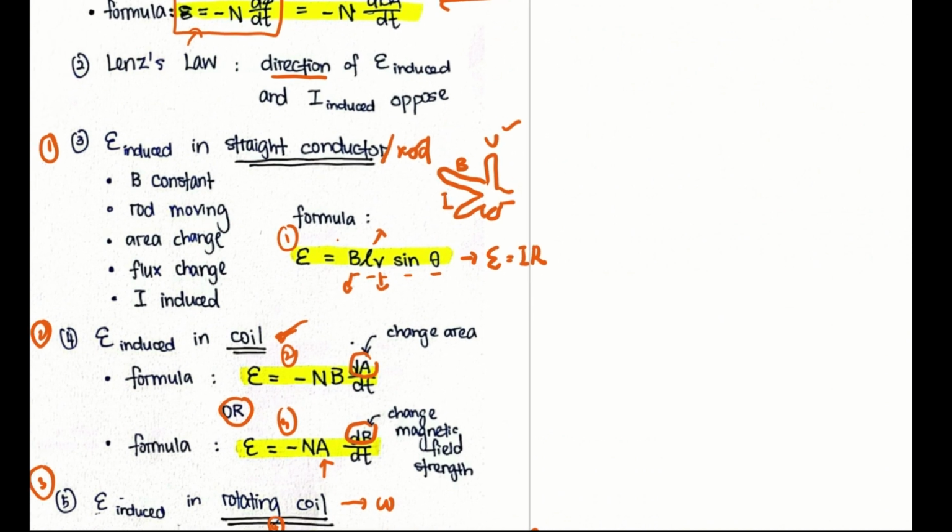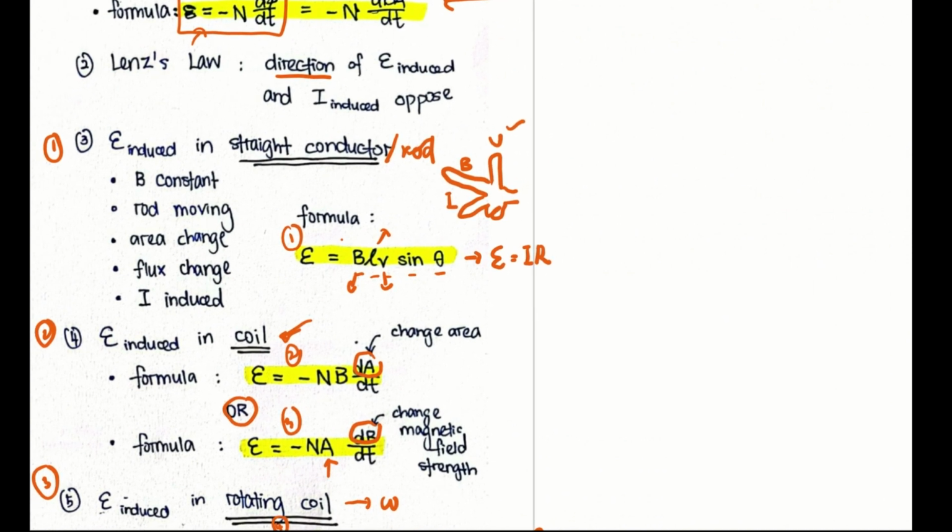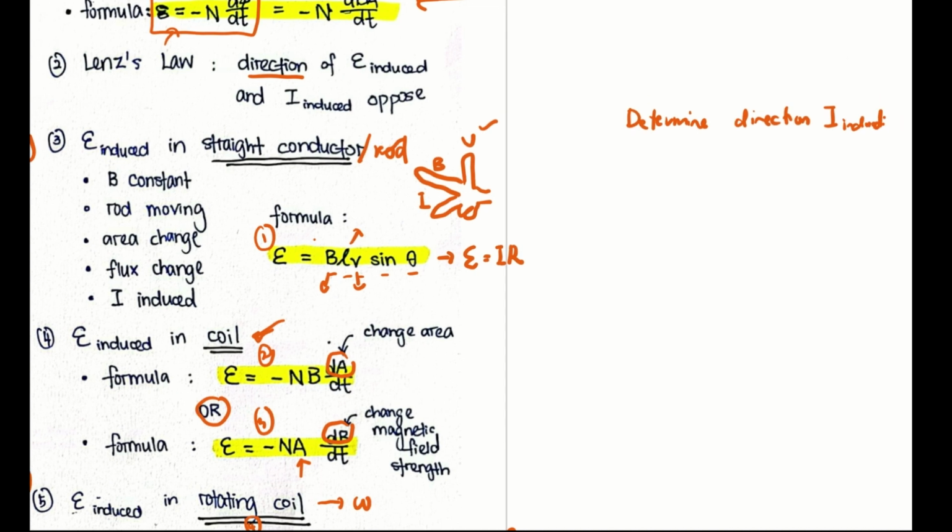Next, we have the case of determining the direction of the induced EMF, or induced current. We have to look at the case. If your case has the magnetic field increasing, because we have a changing magnetic field, so B original is increasing, then your B induced, the induced magnetic field, will have the opposite direction.